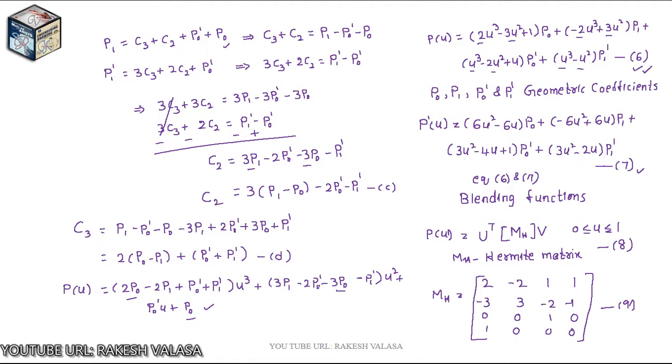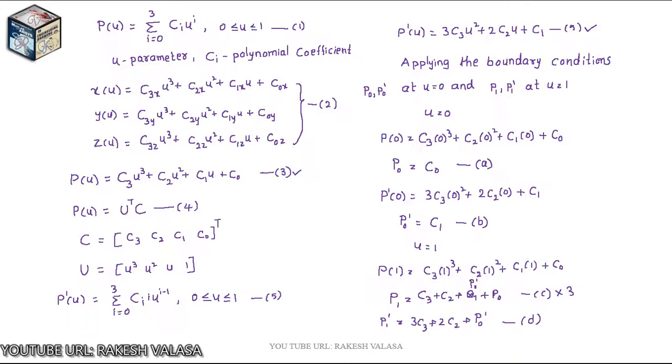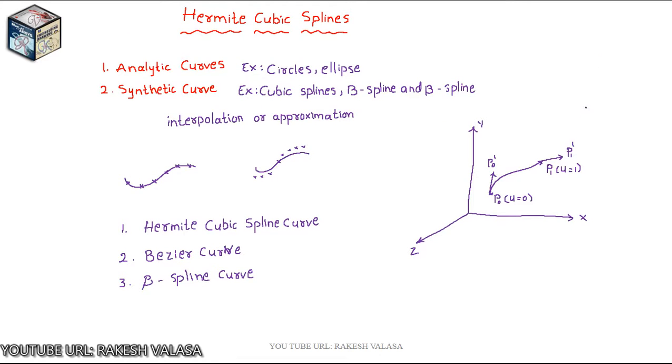You can see the equation number 6. This equation describes the cubic spline curve in terms of two endpoints and their tangent vectors. The equation shows that the curve passes through two endpoints, that is U equal to 0 and U equal to 1.